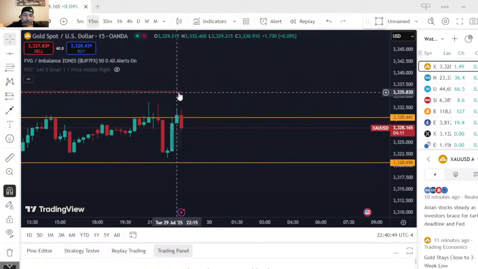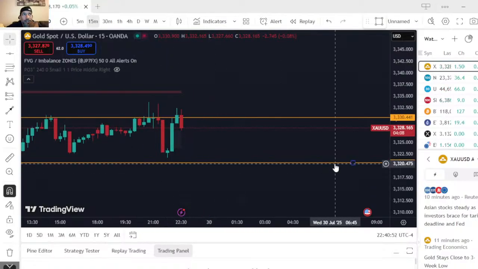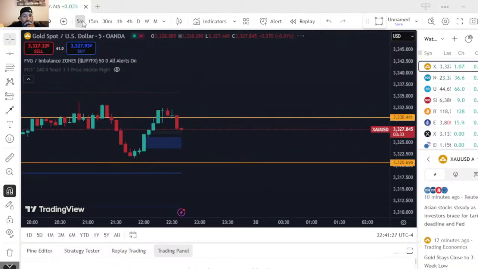Or is it going to reject from here, tap into this one, take out the highs, and then... Well, this one closed above, so we respected the FEG there.